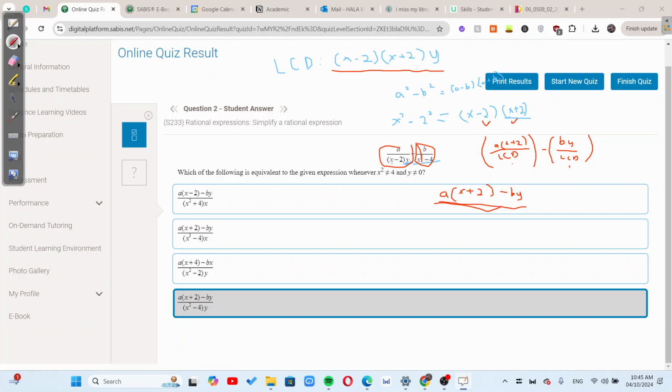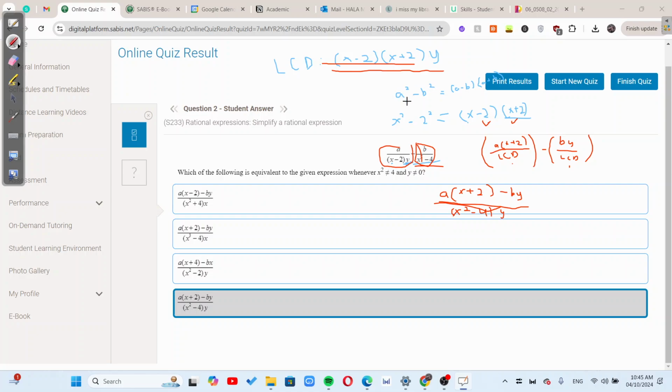I'm not going to write it as LCD. So you know that you could rewrite this as this, x squared minus 4. Here they want it in that form, so we're going to put x squared minus 4 times y.